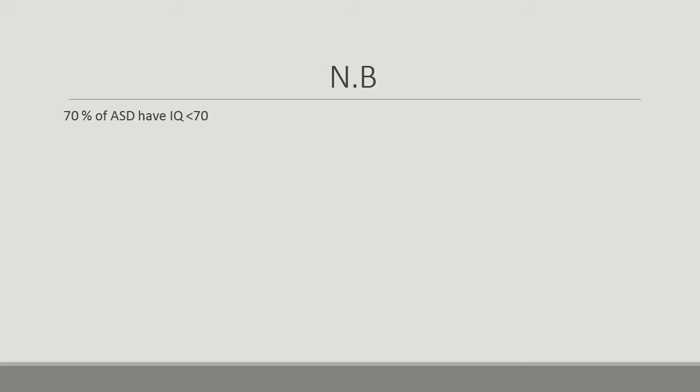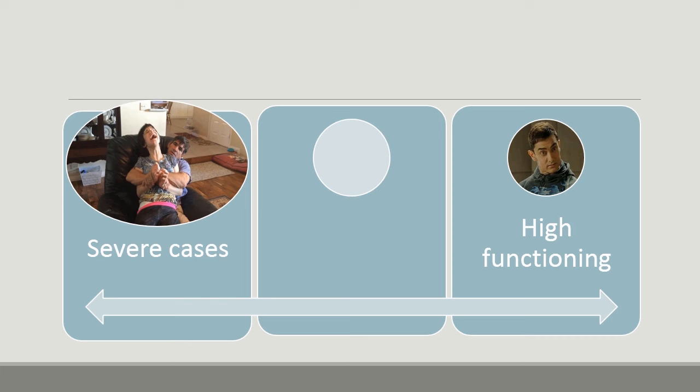So we have a spectrum of the disorder, from the severe cases with severe mental retardation and severe autistic features to the high functioning cases, the Asperger syndrome cases like those we have seen in the movies.